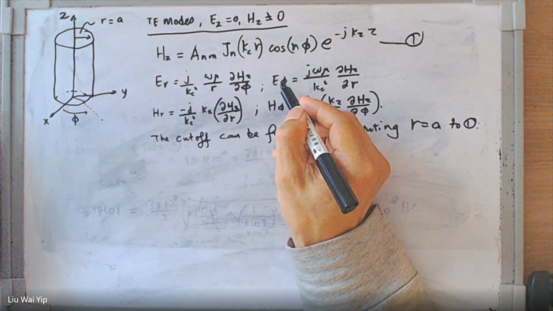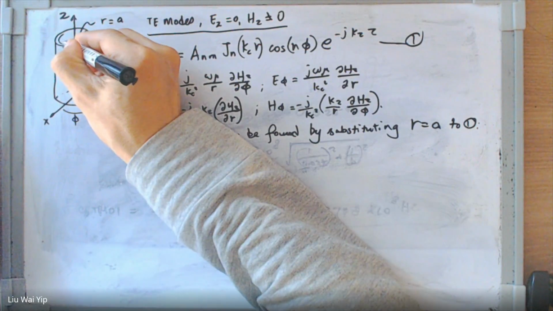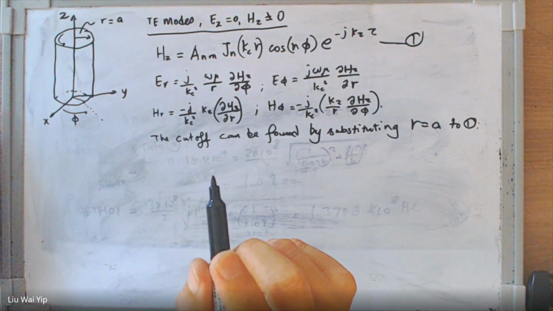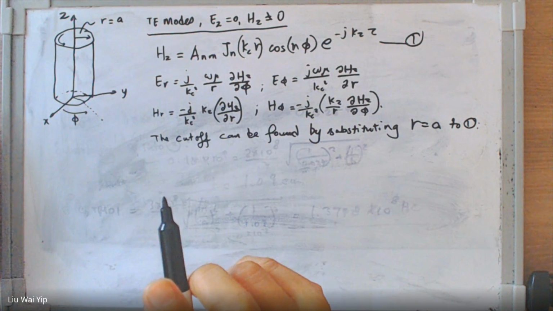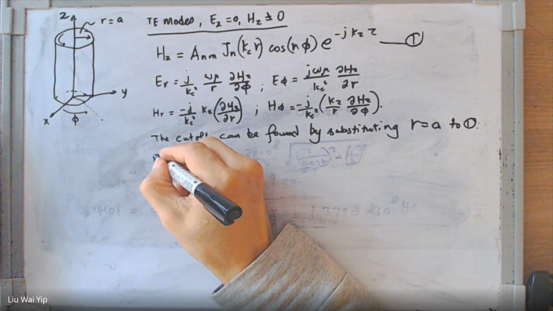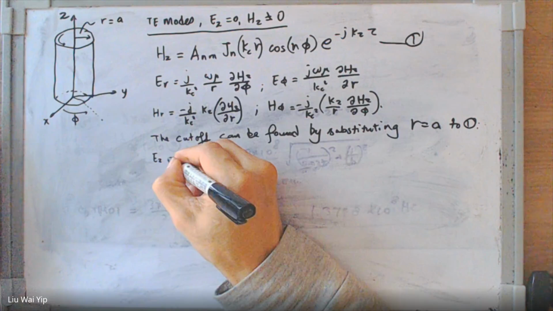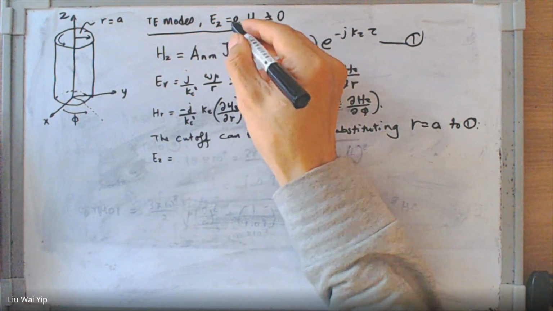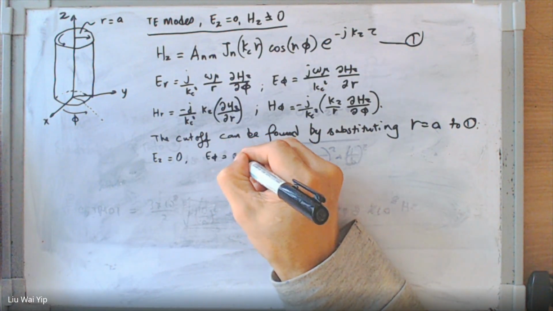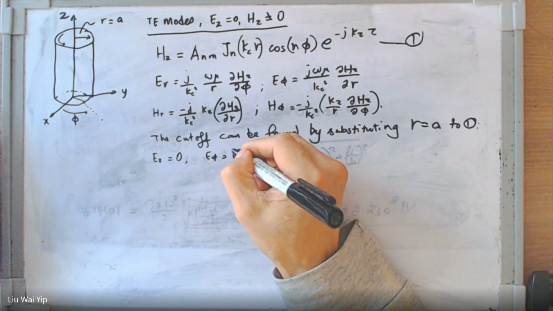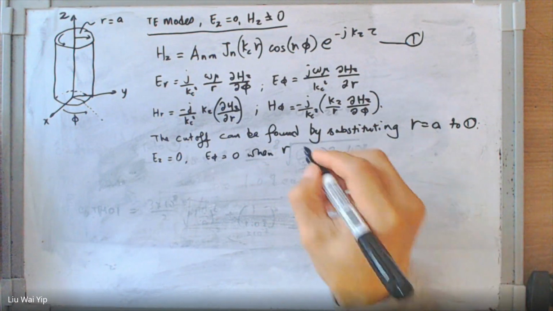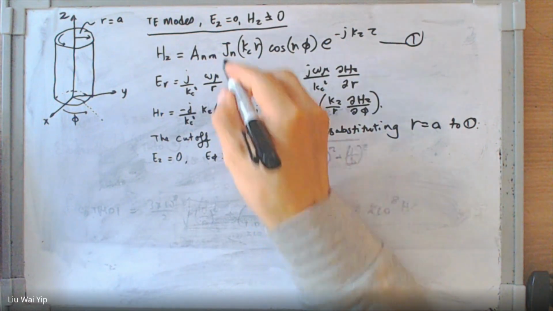So E phi is the electric field like this. There are two tangential electric field components. The first one is Ez, and of course, you already know it is 0. Another is E phi, which should be 0. I'm talking about the tangential field when r is equal to a. So you just substitute into this here.